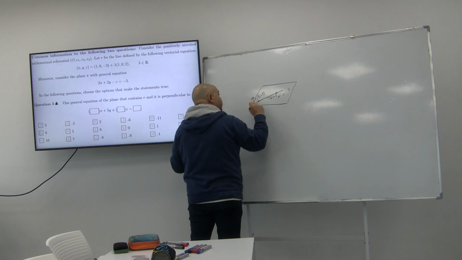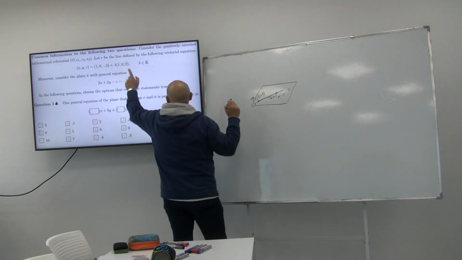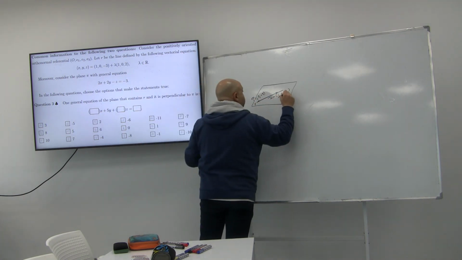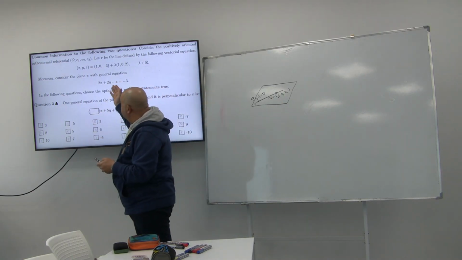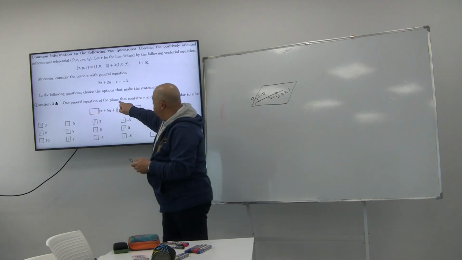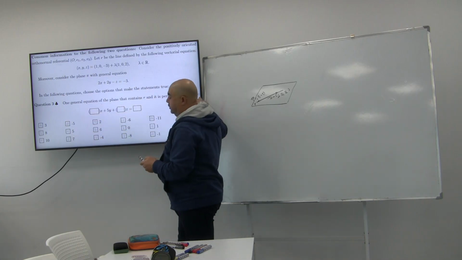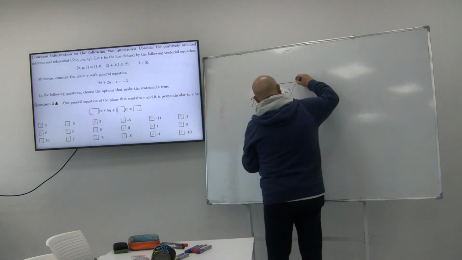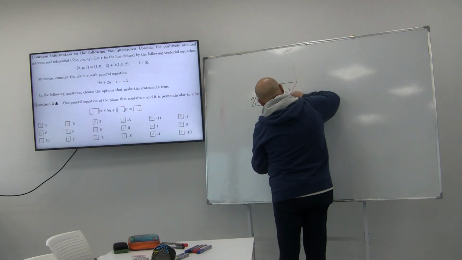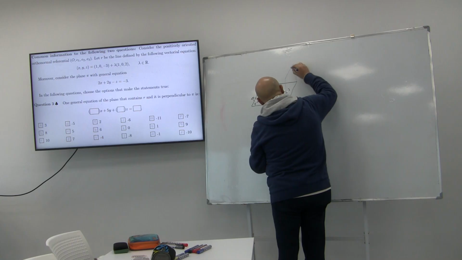So this is the point, and that's the direction vector, which is 1, 0, and 2. And this plane is also perpendicular to bar. Once more, the equation of the plane contains R and it's perpendicular to bar. So we can say that pi is like this. For example, just to make things easier for you. So this is the plane bar.